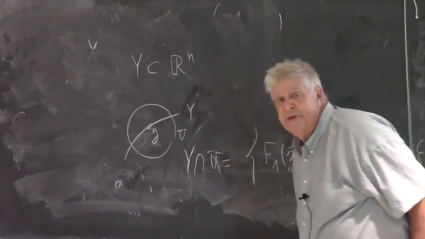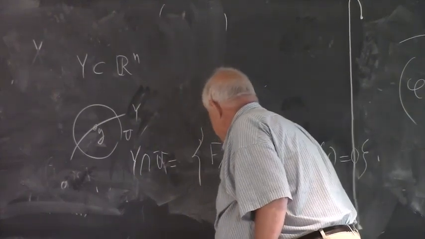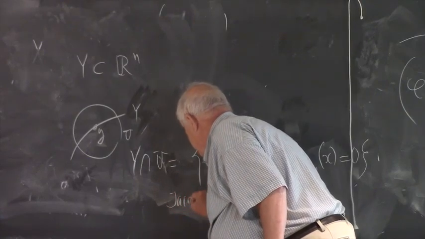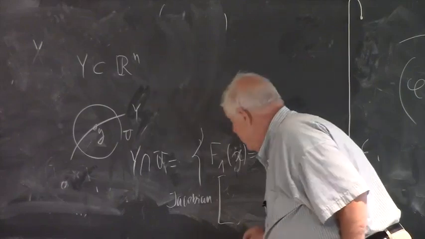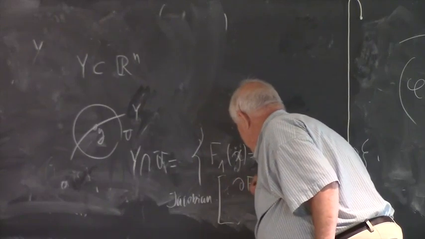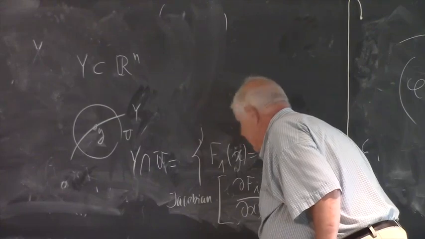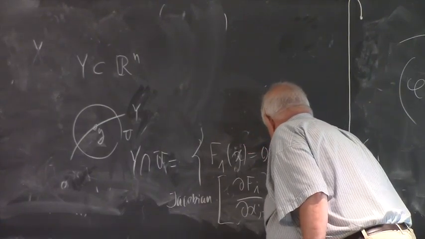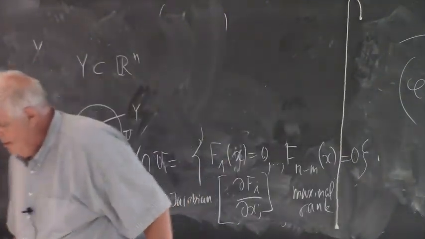This equation should be non-degenerate in the sense that the Jacobian matrix of these functions with respect to the coordinates x1 through xn, so df_i/dx_j, should have maximal rank. You can express this in 1,000,001 more ways.